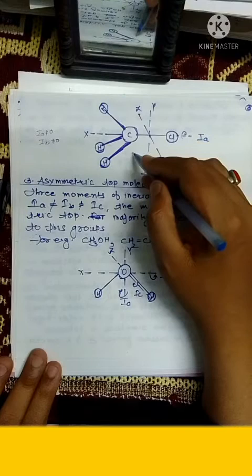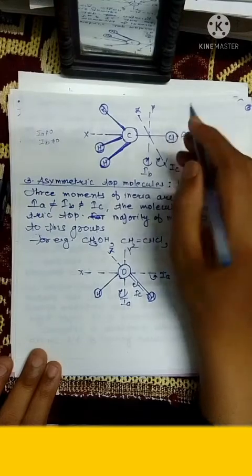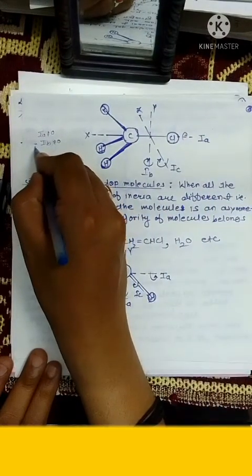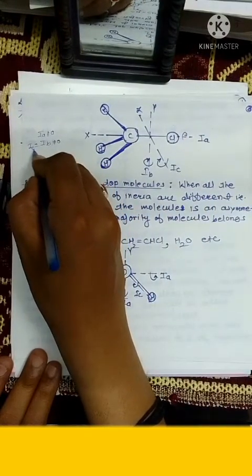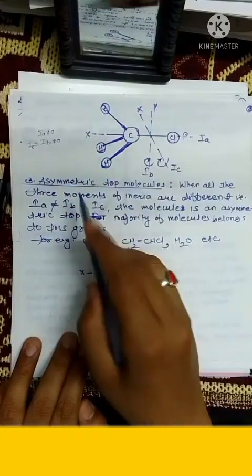Cl comes on your left hand side, methyl group goes on right hand side. So it means that Ic is equal to Ib, which cannot be equal to 0.